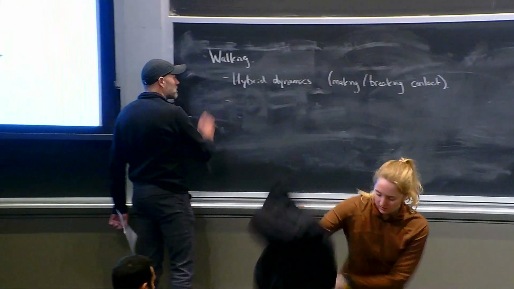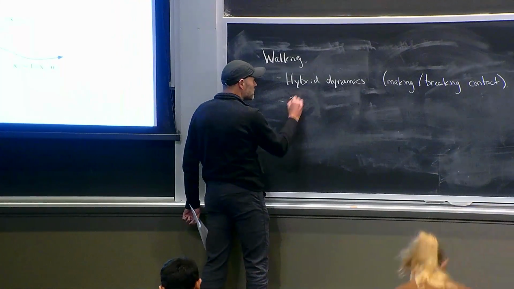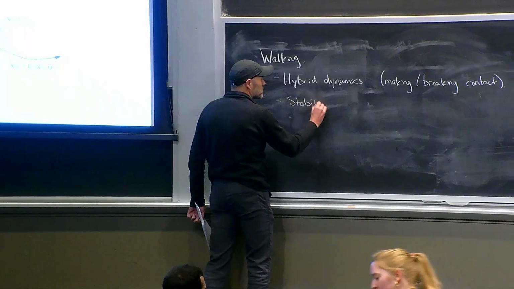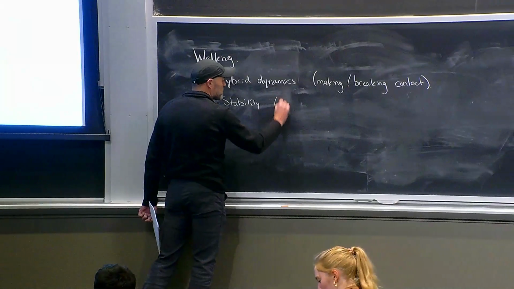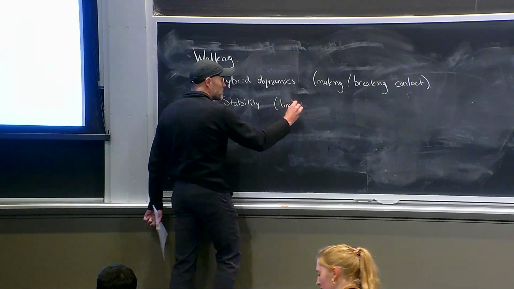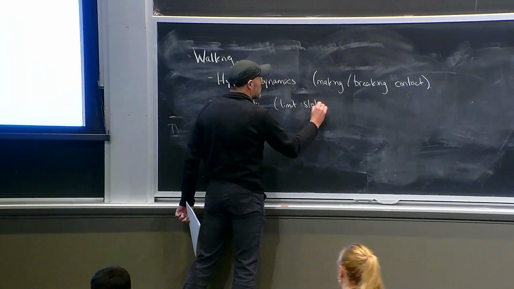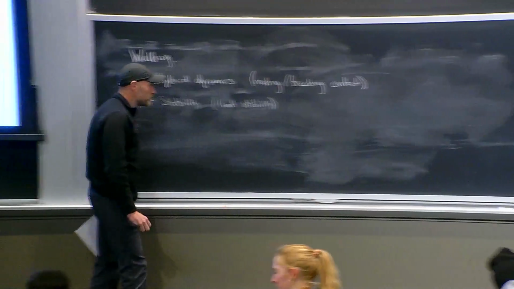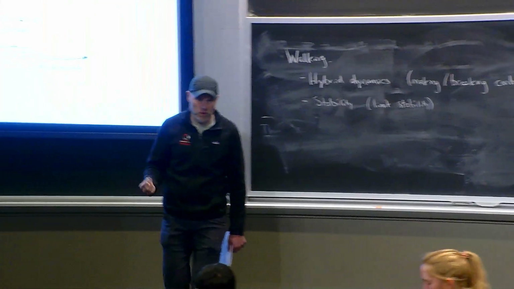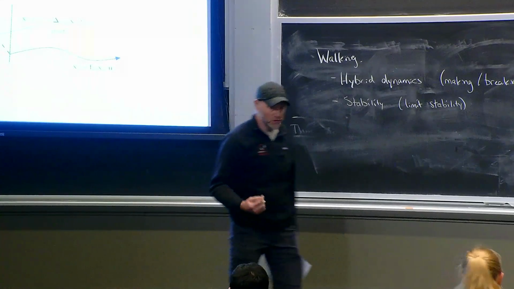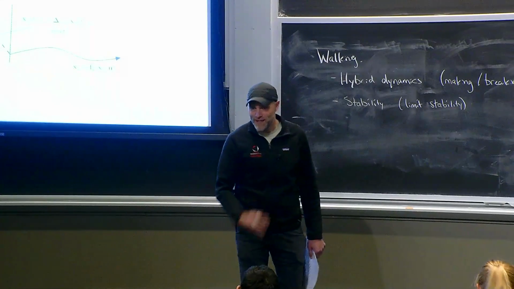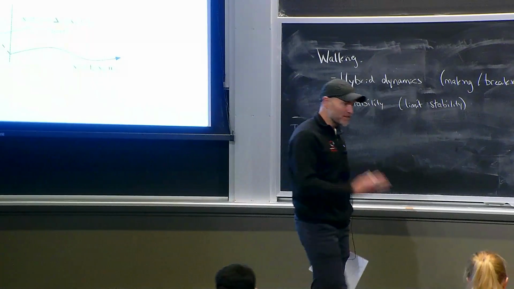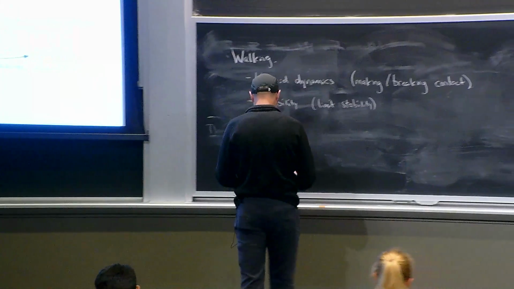And then we had to deal with stability, which we did with thinking about limit cycles as our orbital stability, right? But given those modifications, which brought some complexity with them, we had to do LQR differently. We had to do everything a little bit differently, but the basic playbook still worked, right?